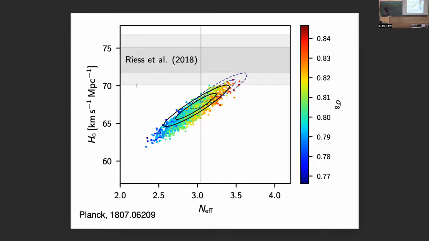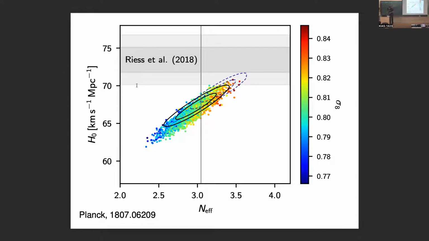Now, another complication: they are actually most sensitive not to sigma 8 directly, but to some funny combination, the parameter that's called S8, and that's sigma 8 times the square root of omega matter divided by 0.3.